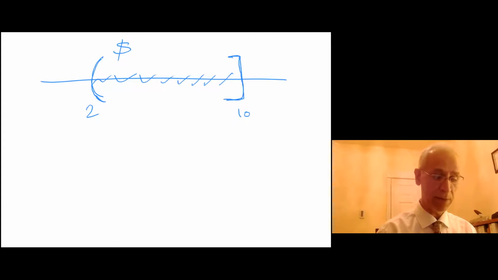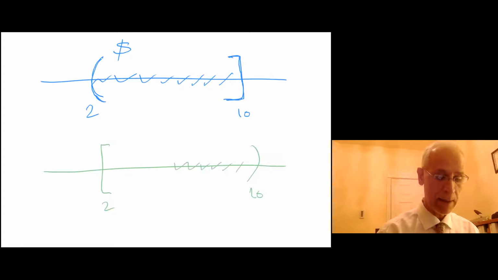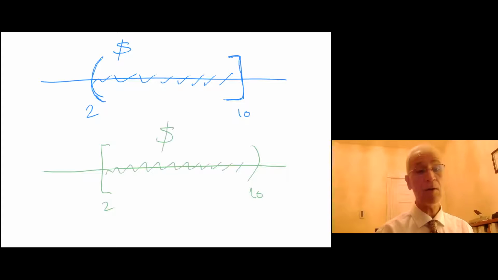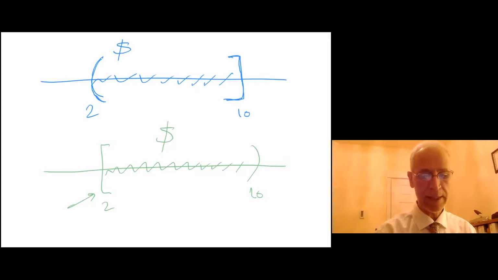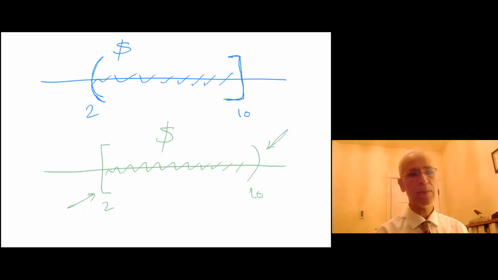Or you could have something like 2 in here and 10 in here. And so let's say now 2 is included, exactly 2 is included, but 10 is not included. 9.9999999 is included, but 10 itself is not included.